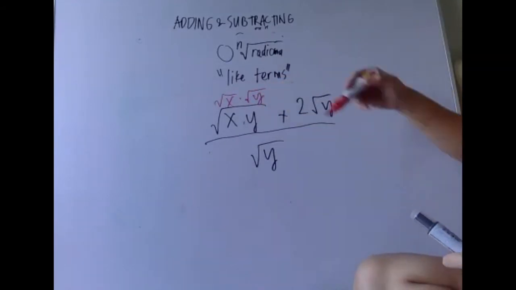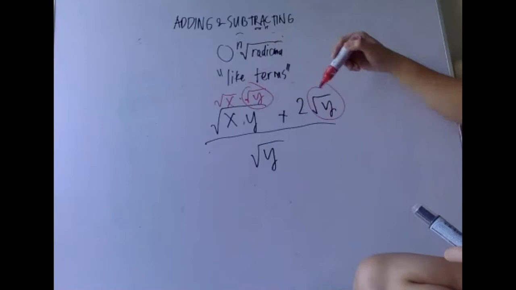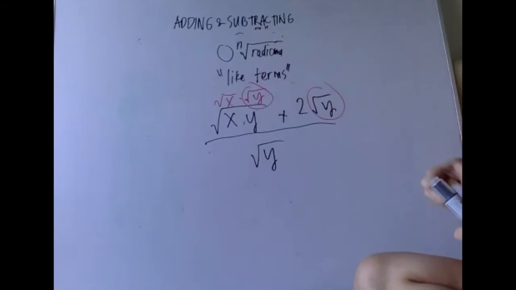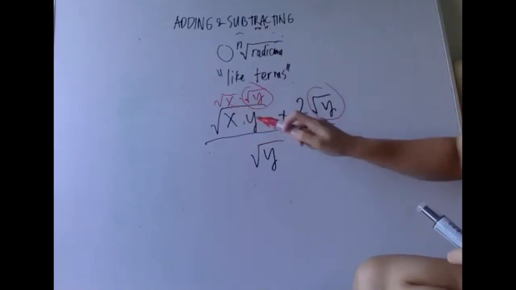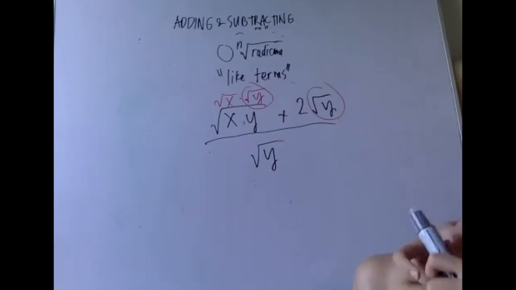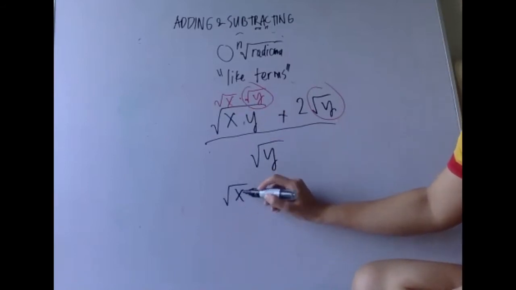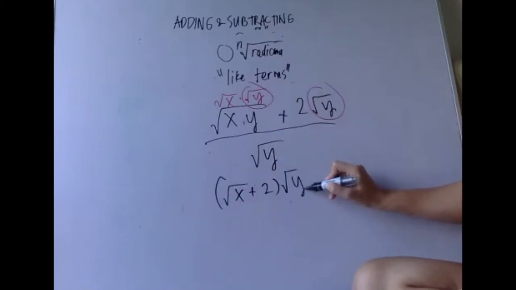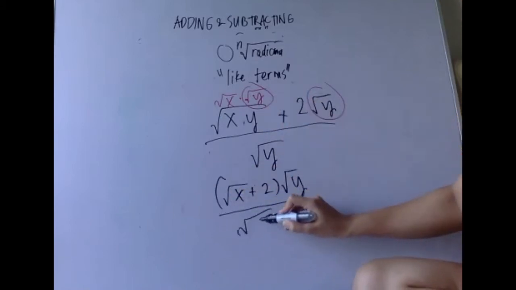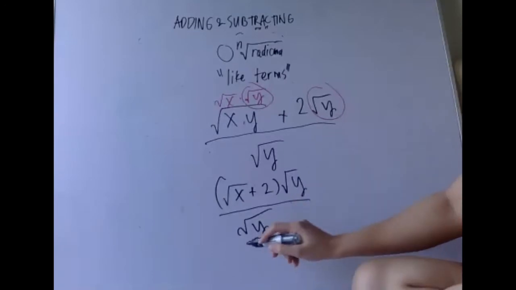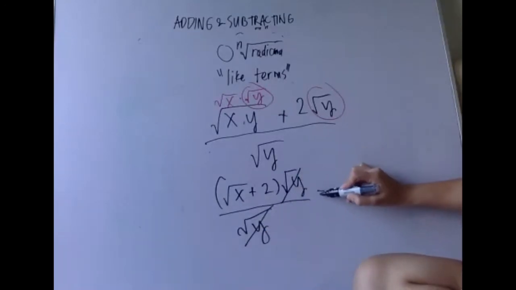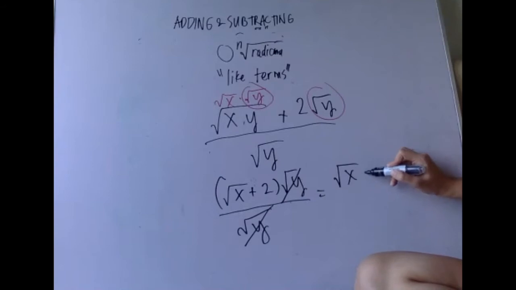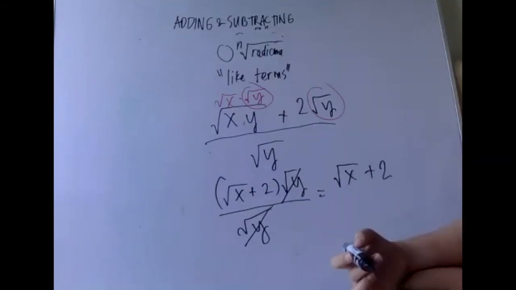Okay? And as you can see, pareho silang may square root of y. So, itong square root of x and 2, pwede natin i-add. We will have square root of x plus 2 times square root of y over square root of y. Okay? Then, cancel lang tong square root of y. We will have square root of x plus 2. Okay?